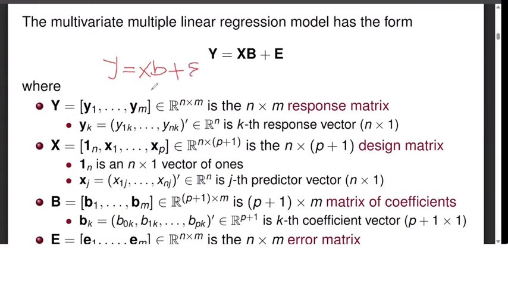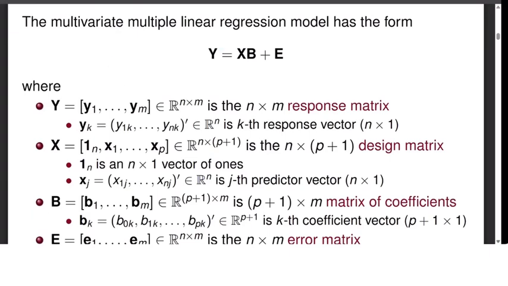That's a specification for single response. But for multiple response, you see what I'm having? That Y here is a vector. That Y is actually going to have first response, second response, and each response is going to be collected over observations.